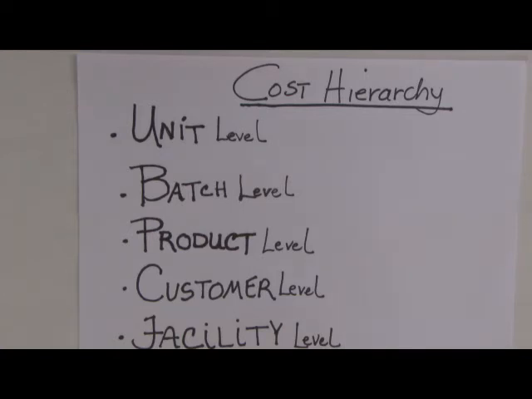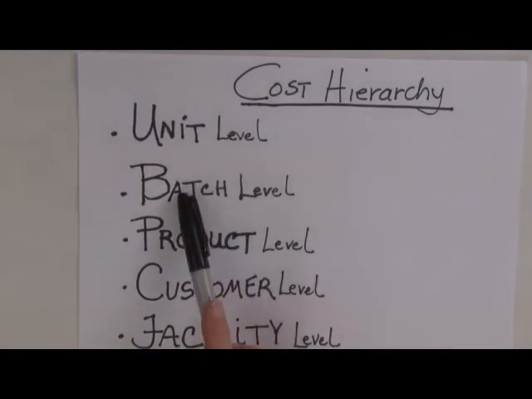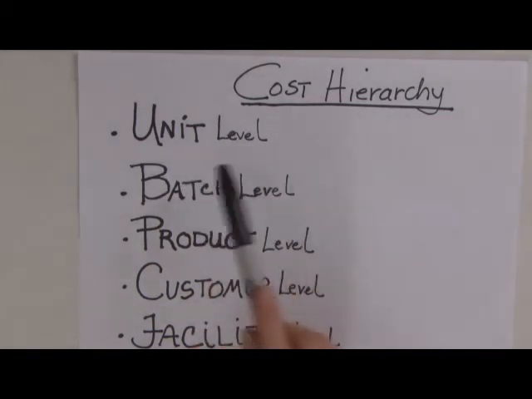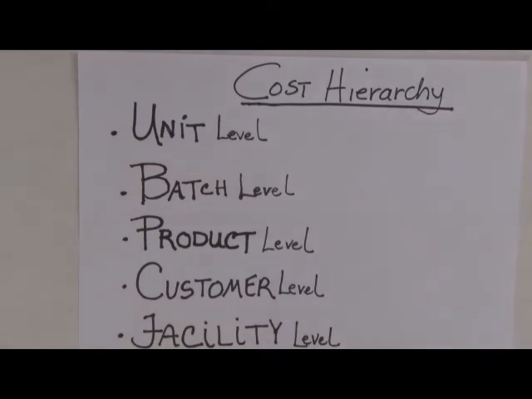The company that produces this drink is going to have cost occurring at the unit level, batch, product, customer, and facility level. So let me give you an example of how we would determine whether a cost is unit level or batch, product, etc.